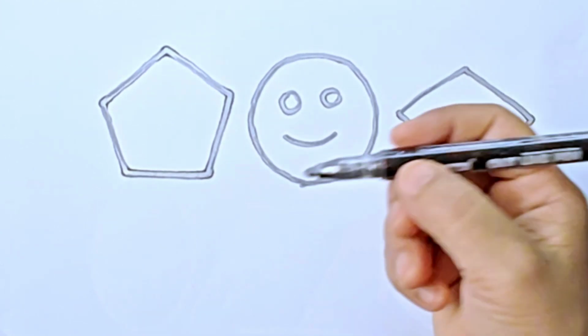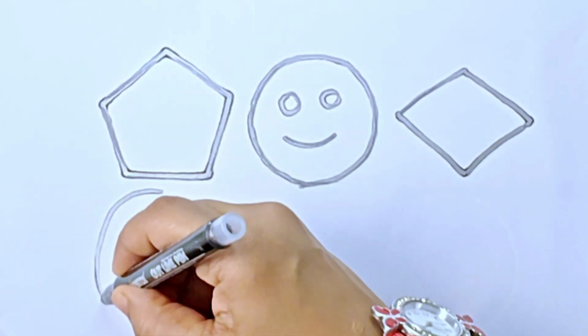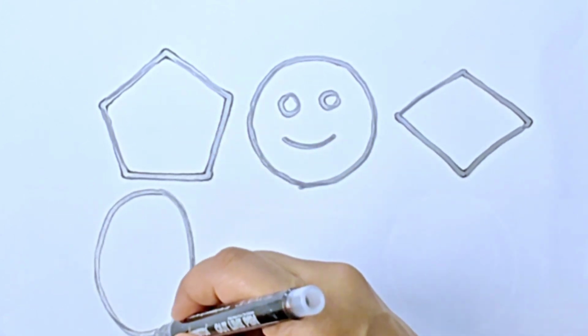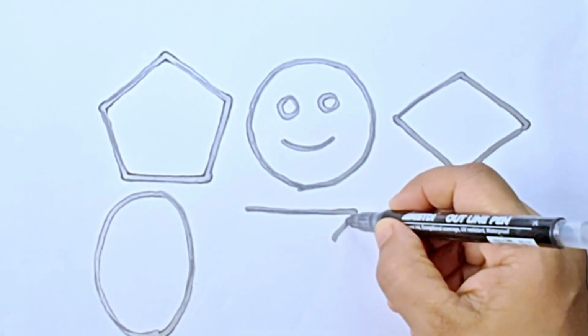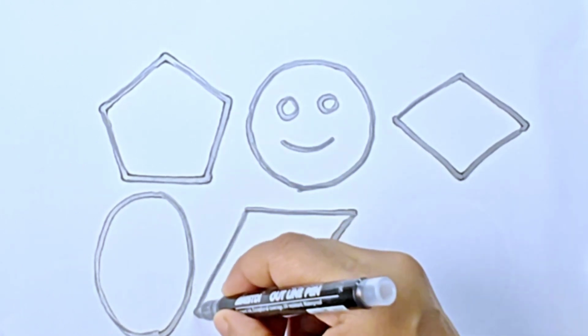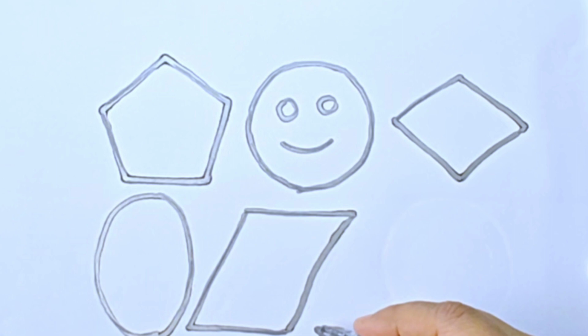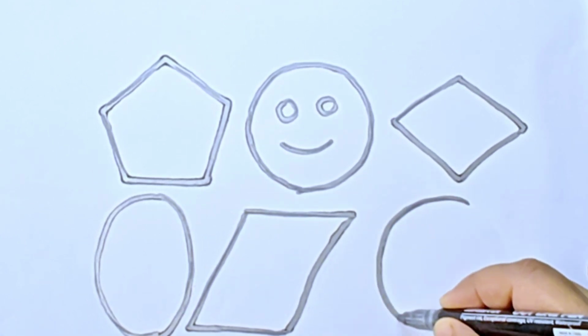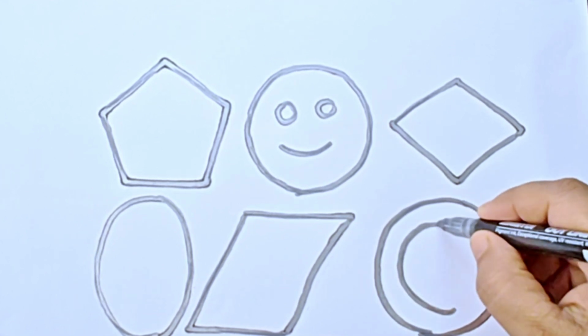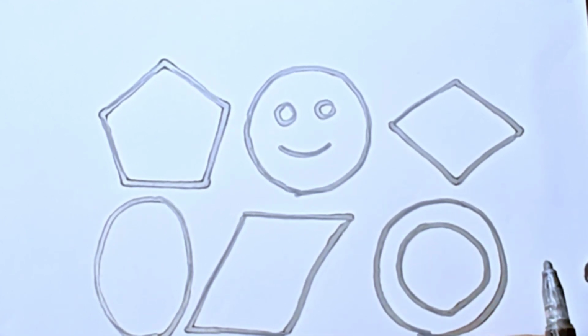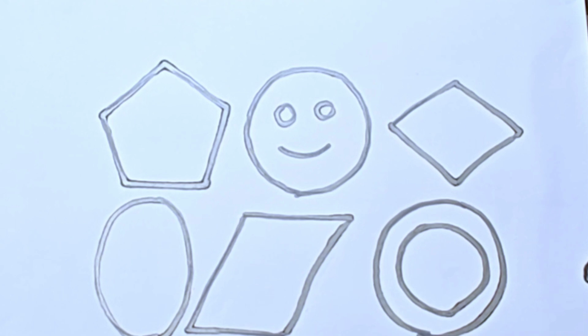Rhombus or diamond. Oval. Parallelogram. Hollow circle.